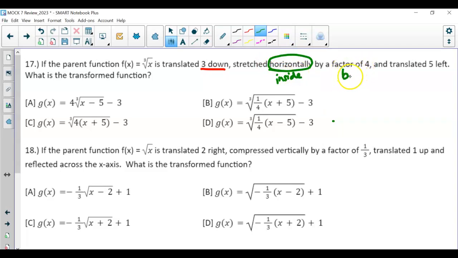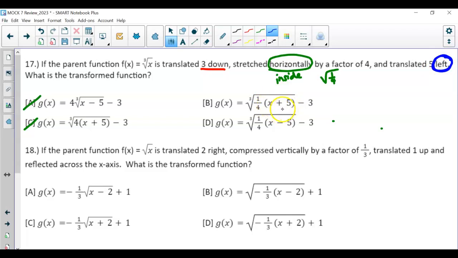So if I have b equal to 4, that means inside the radical, we need 1/4 to show that factor of 4. So I'm going to mark off A and C. Then translated 5 units to the left. So remember left and right, which is inside, again, opposite.